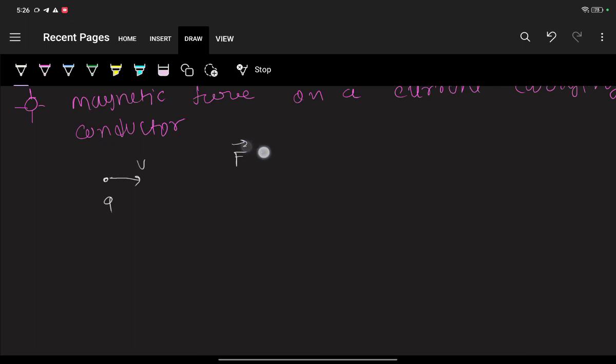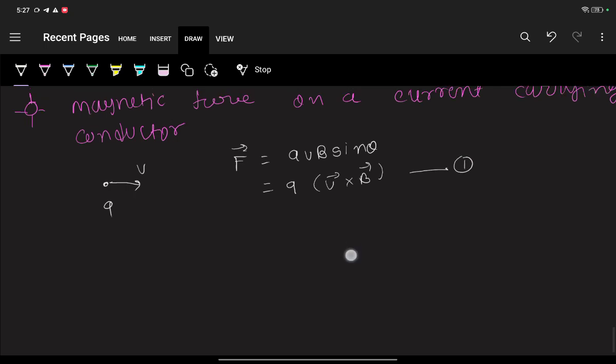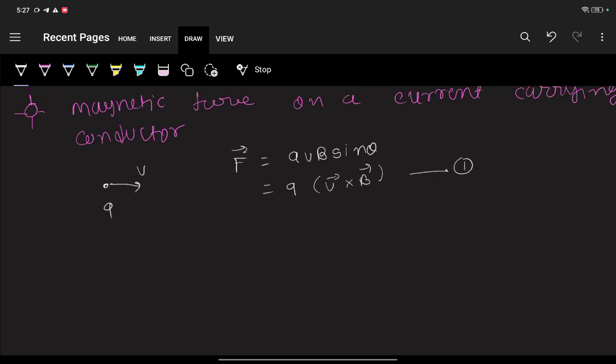It was given as qvB sin theta, or simply q(v cross B). So this was the situation. The force on a moving charged particle is given by this. This was the magnetic force.